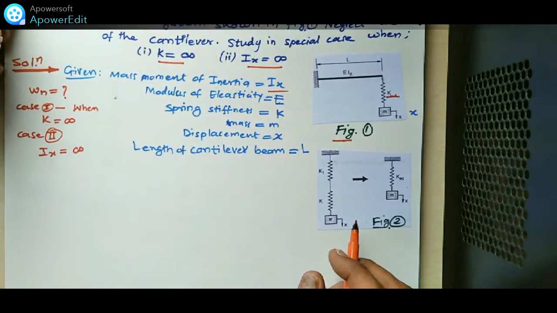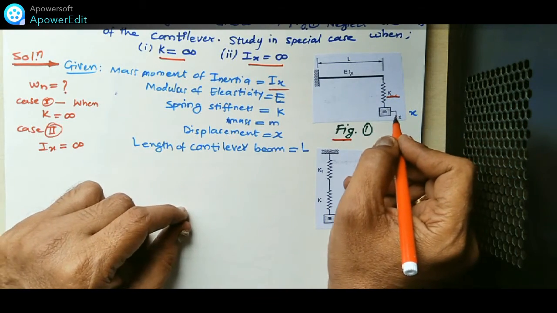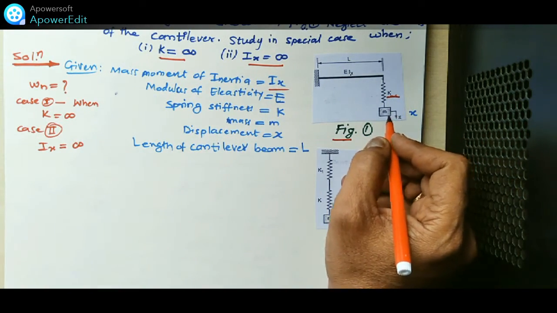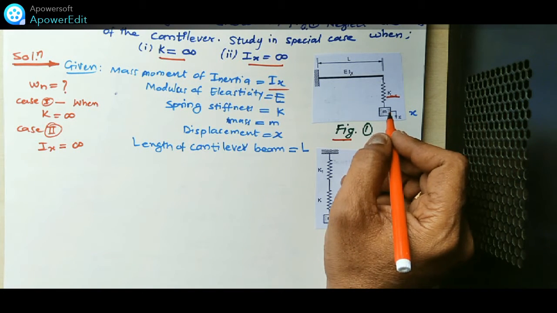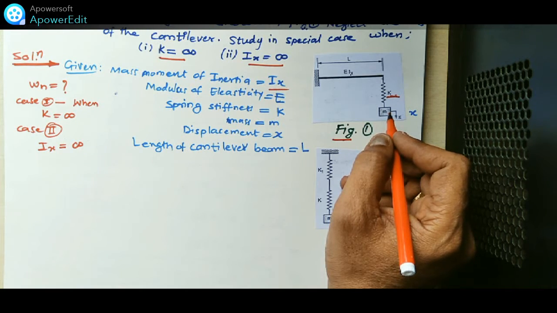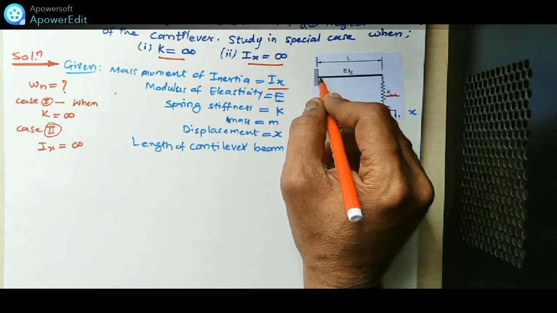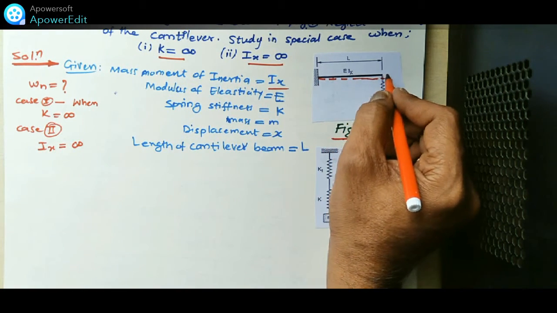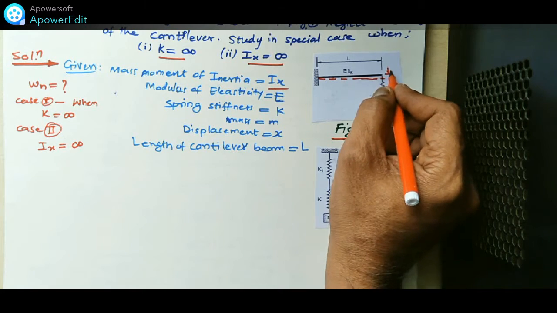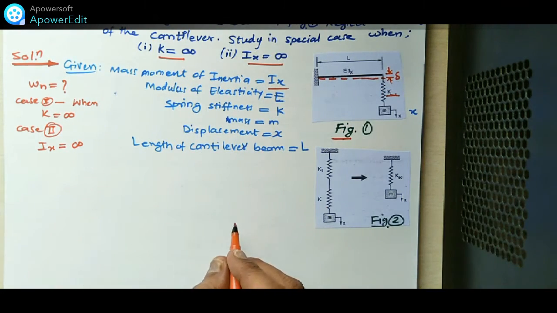So here, what will happen? When this cantilever beam is displaced, this mass has self-weight, which causes a static deflection. After this displacement X, the beam also deflects by some amount, which you can show here as delta.